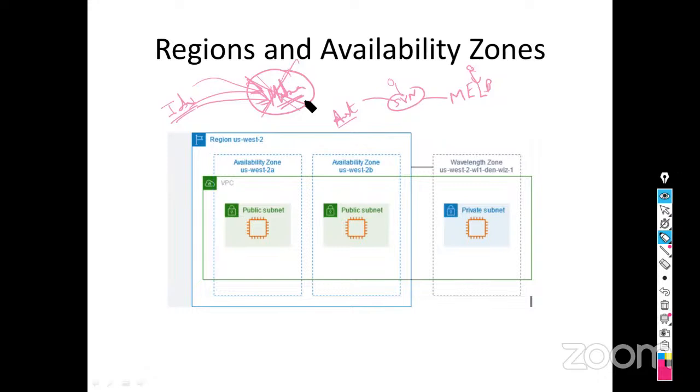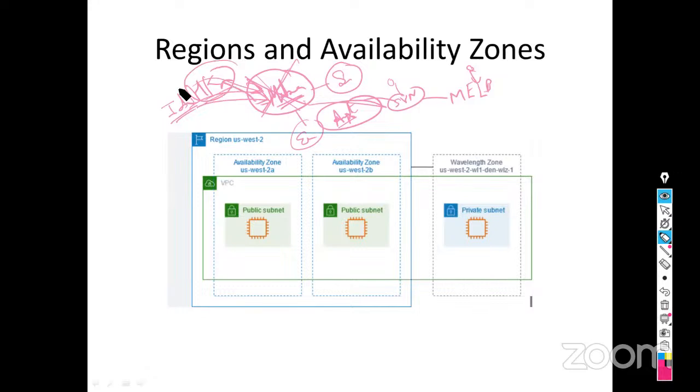My next nearest region will be Singapore, rather than picking another region in Europe or in Australia. The nearest region is Singapore, or I can use Hong Kong, and I will replicate all my services to that nearest region. So this is the region.